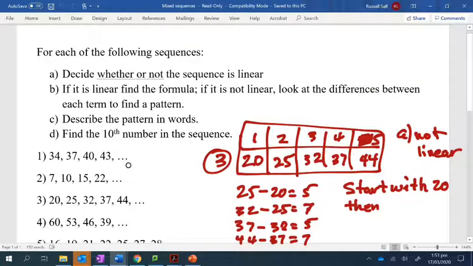Start at 20, add 5. Keep adding the next number: add 7, and then the next number 5 and 7.